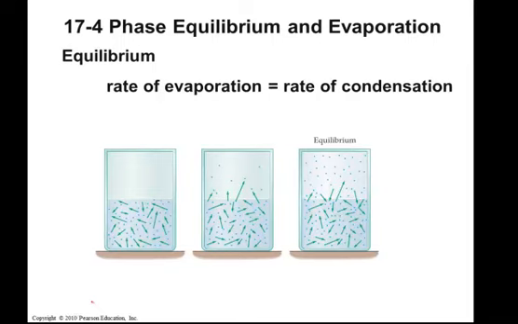Moving on, we have phase, equilibrium, and evaporation. When we are at equilibrium, the rate of evaporation, the number of molecules that are escaping, is equal to the rate of condensation, the number that are falling back in. So the amount that's evaporating and the amount that's settling back down are the same at equilibrium.